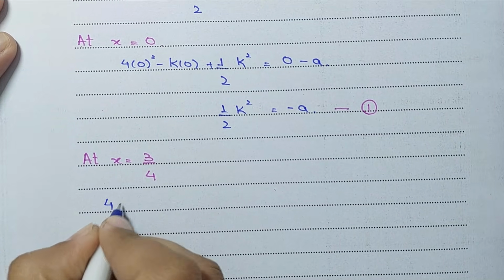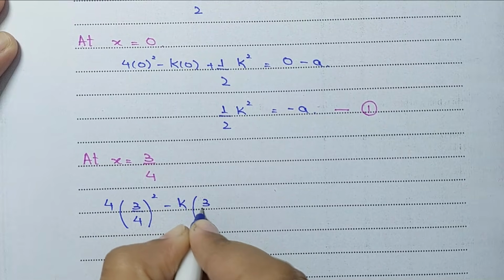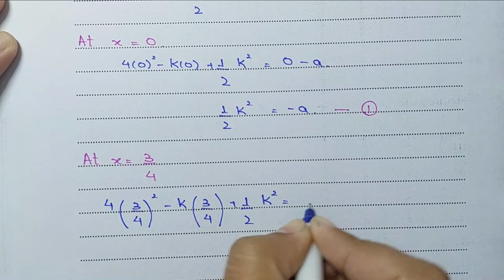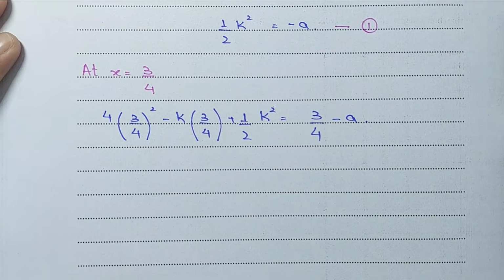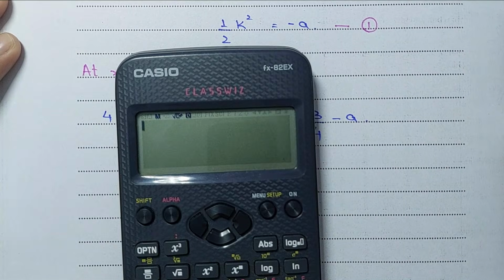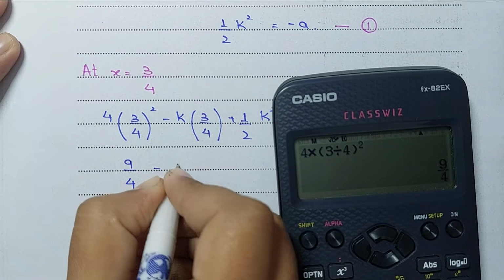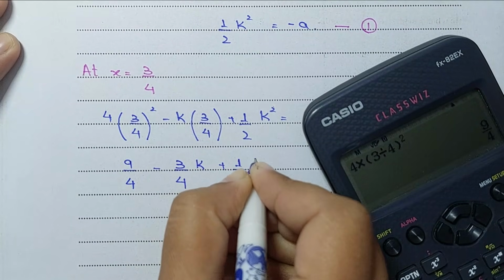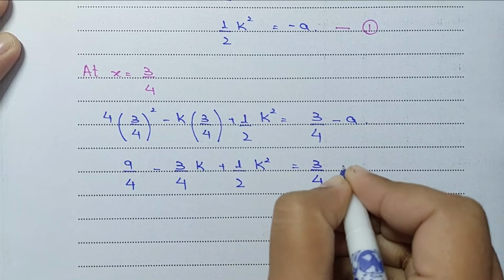So 4 into 3 by 4 square minus k, 3 by 4, plus half k square equals x is 3 by 4 minus a. Now 4 into 3 by 4 square is 9 by 4, minus 3 by 4k, plus 1 over 2k square equals 3 by 4 minus a.